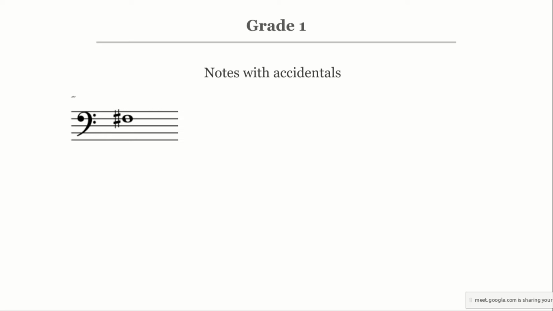But what's the name of that line where the semibreve is placed? It's placed on the fourth line. This is bass clef. G clef is the one that looks like a G. This one looks like an F. So this is F clef or bass clef.